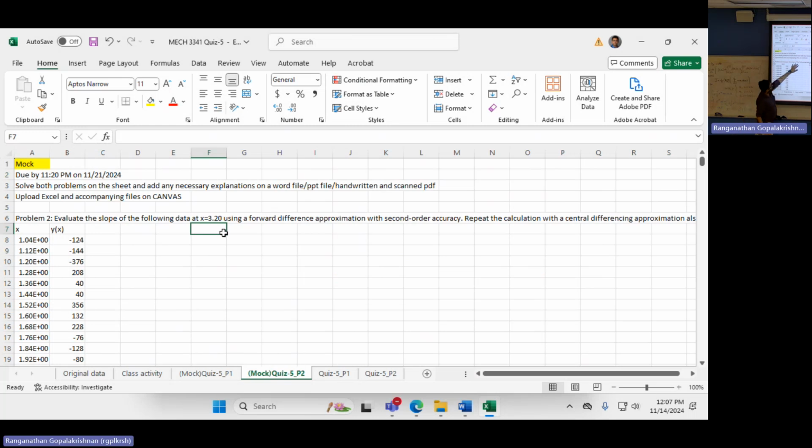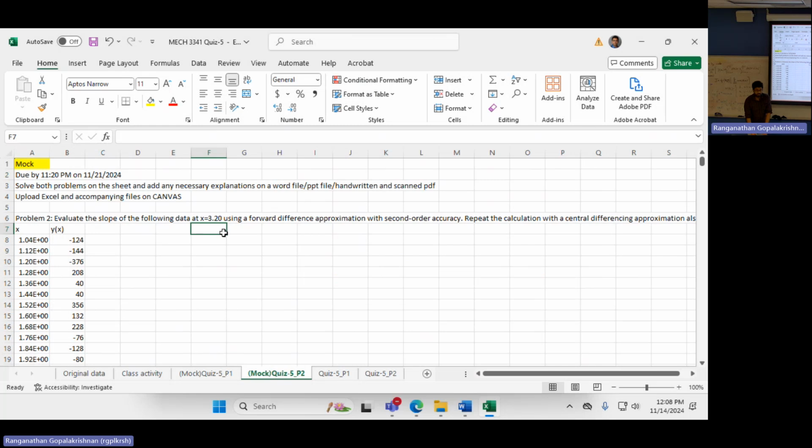If I say forward difference approximation with second order accuracy for the slope, or the first derivative, first look up forward difference approximation. That is figure 23.1. I want the slope, which means the first derivative, and I want second order accuracy, which means I'm going to be looking at... who has the book with you?